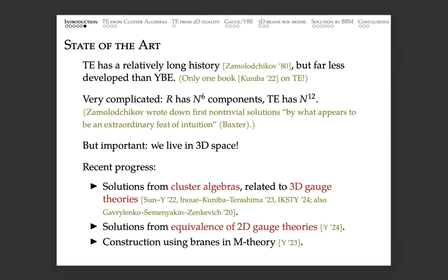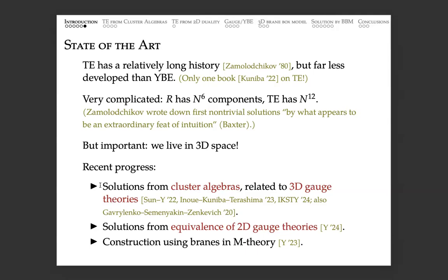And there have actually been recent developments, which I'm involved in, and I would like to talk mainly about the second item, but briefly on the first item as well.